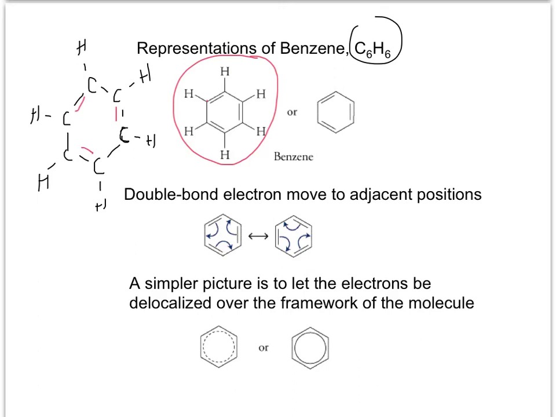Now instead of having 3 distinct double bonds, we just let the electrons run together and then simplify this picture with the circle. So oftentimes you'll see a benzene ring with just a circle in it. And that means that it's got 3 alternating single and double bonds. All right, benzene's important, so it's good to go through that.